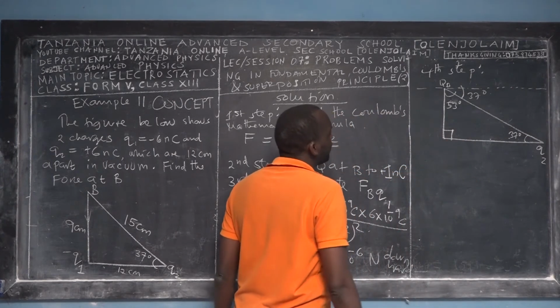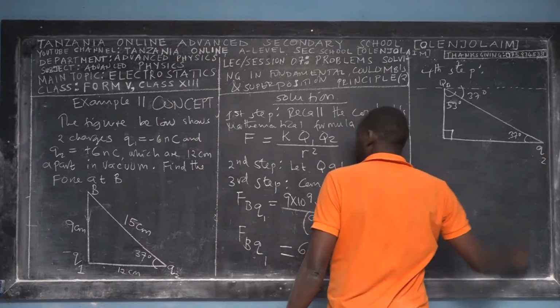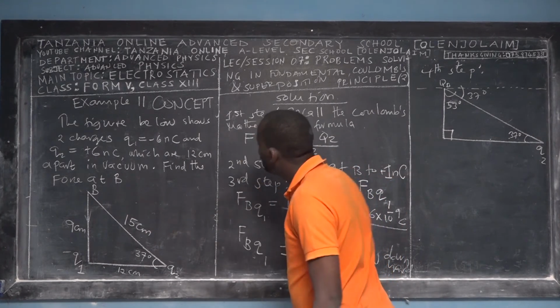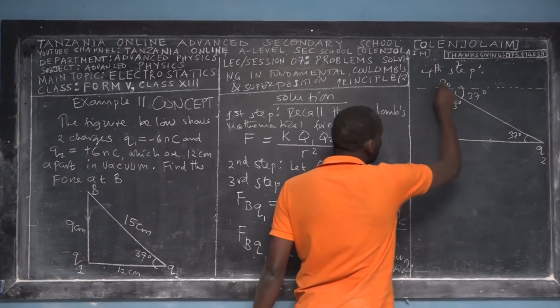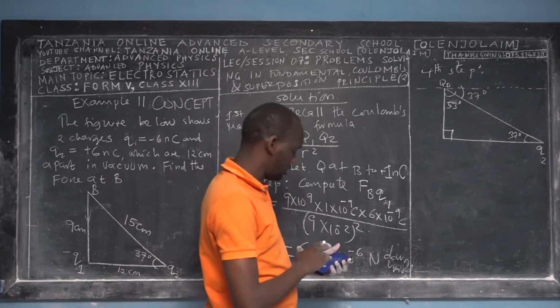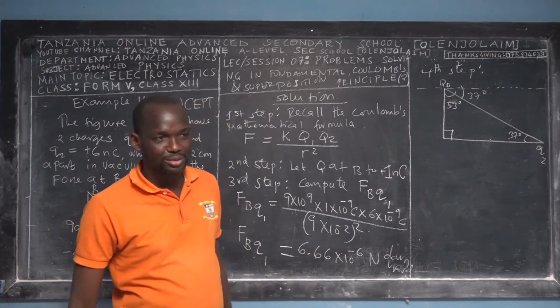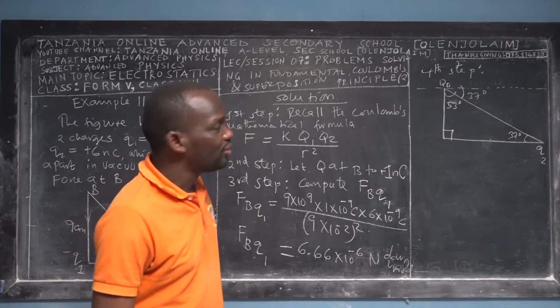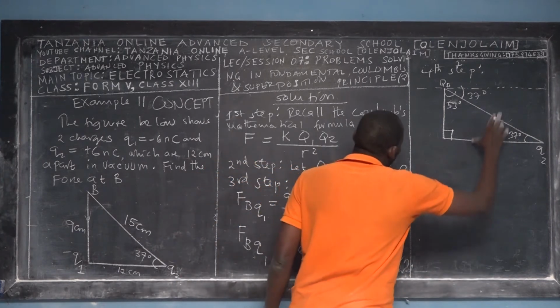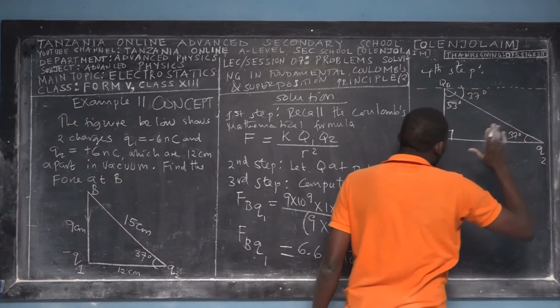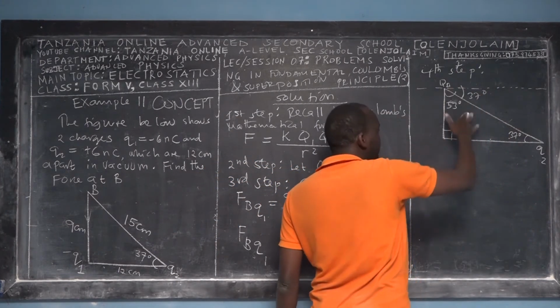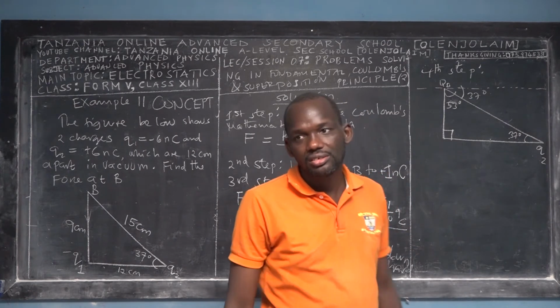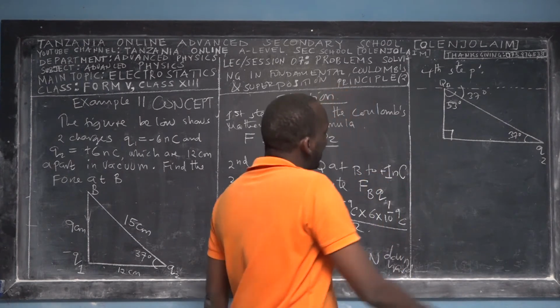Now, the force of repulsion, because this Q2 is positive and Q at B is positive, the force of repulsion there will have both. For this case, it will have both a horizontal component and a vertical component. Why? Because this is diagonal.